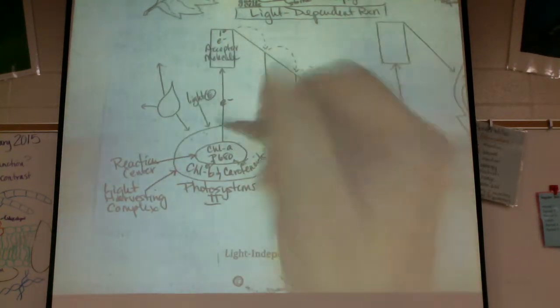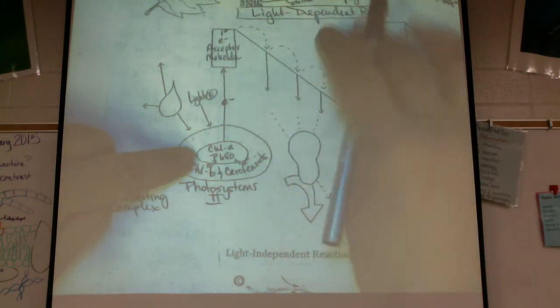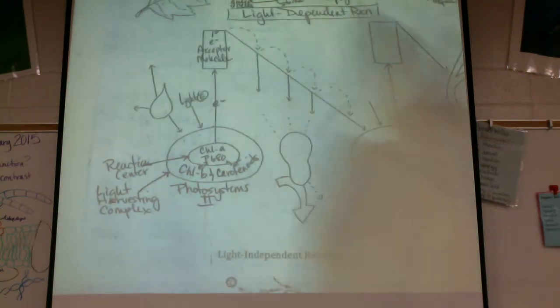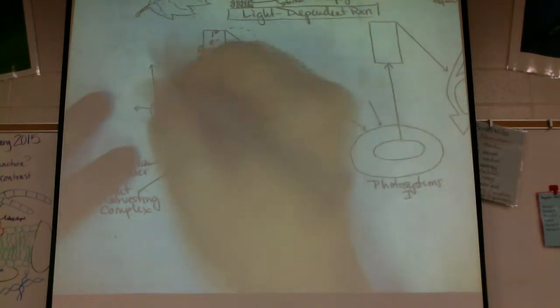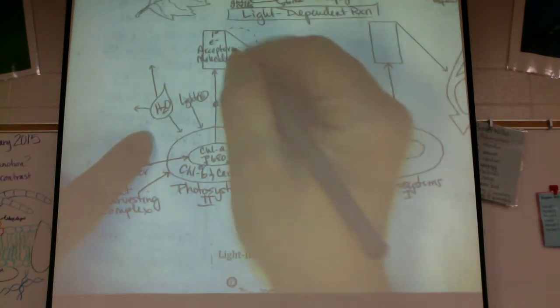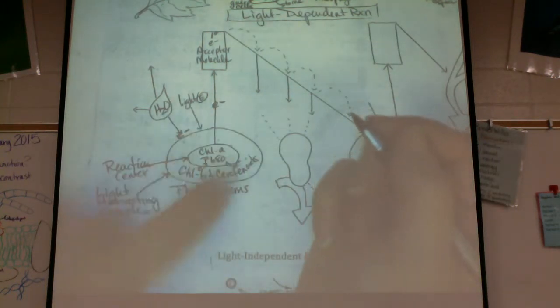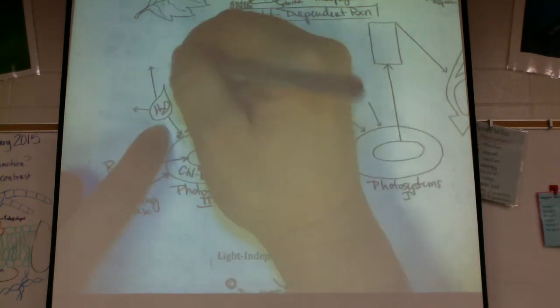Okay? The problem is, now chlorophyll A, P680, flung off its electron. It's like, oh no, I don't have an electron. I need one. Where is it going to steal it from? The most ubiquitous thing that's in your body, water. Okay? That water molecule is going to be stripped of an electron to be able to stabilize these pigments. When that happens, it splits it.